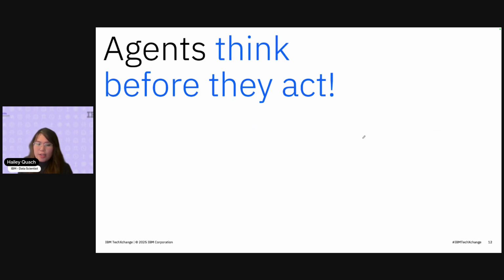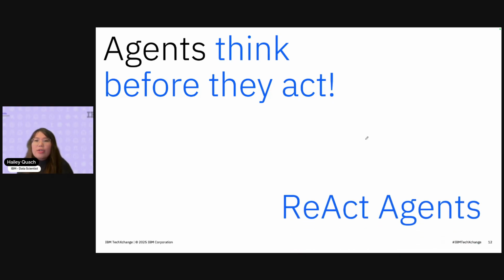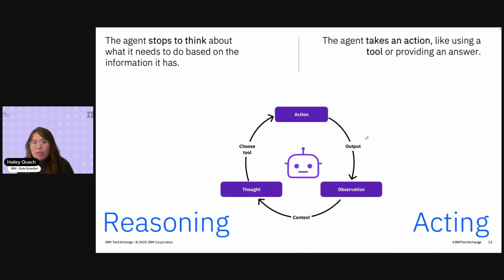And then again, if you had attended the BAI framework session, you would know that agents in a multi-agent system can think before they act, and they are commonly known as ReAct agents. So what does ReAct actually mean? The Re in ReAct stands for reasoning, and the Act is acting.